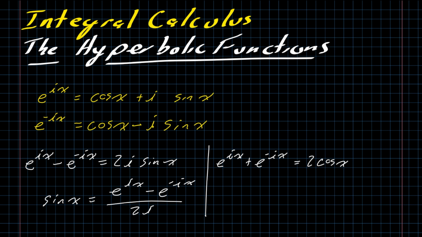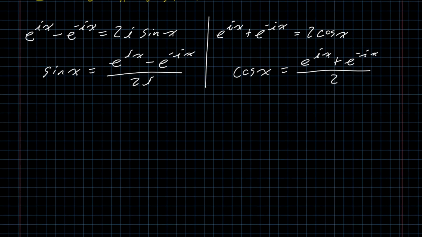So rearranging this, we get that cosine of x is e to the ix plus e to the minus ix all over 2. And it is these formulas that we are going to work on when we try to plug in imaginary values.